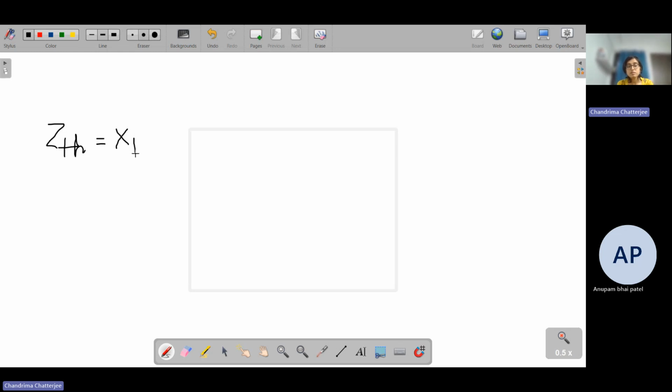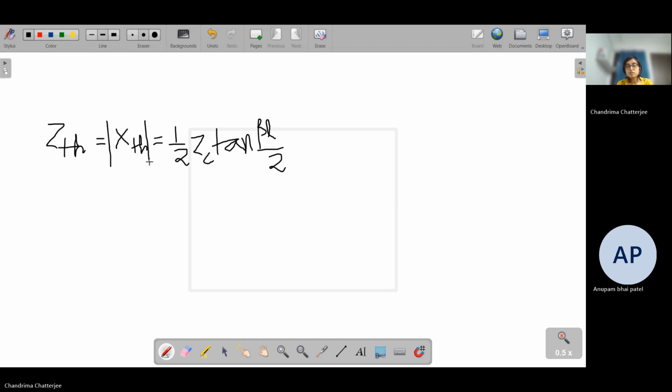So XTH will be half ZC tan beta L by 2. This is the Thevenin equivalent reactance, and this is just the magnitude.